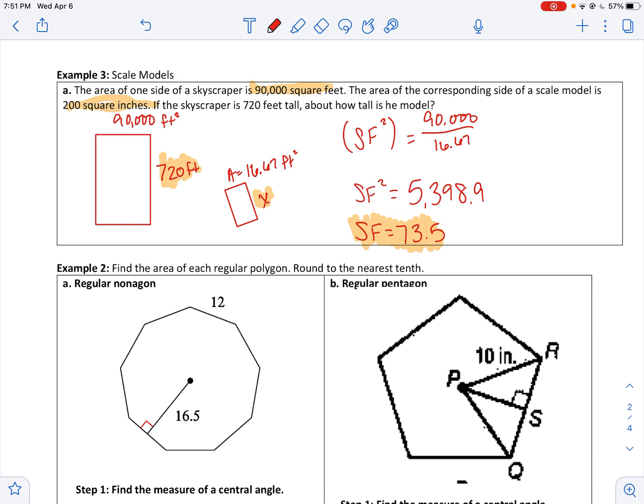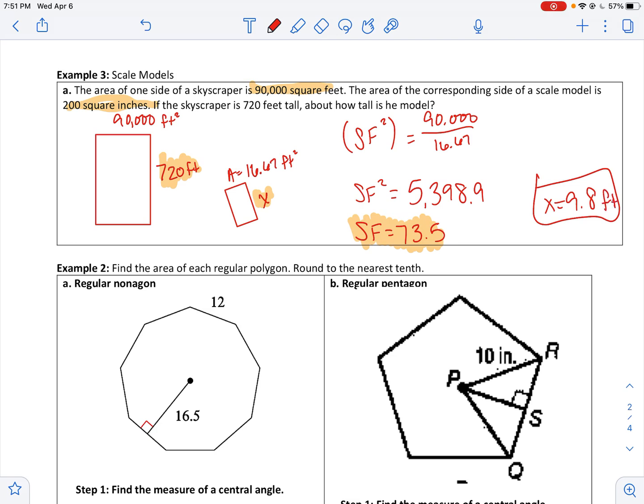So 720 divided by 73.5, and we get a height of about 9.8. And that would have to be feet.